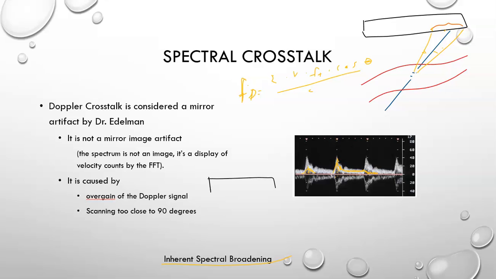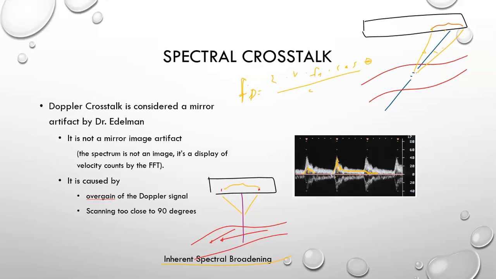You can imagine, if our transducer, I'm going to draw another transducer over here, if our beam coming off of this transducer is far too close to 90 degrees, and you've got some angulation into the group that you're using for measuring the spectral Doppler, if the flow is traveling from right to left, well, certainly for this microcrystal on the right, the flow is away from it.